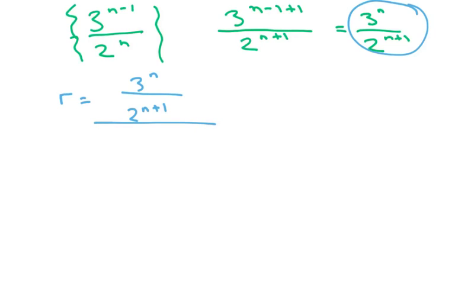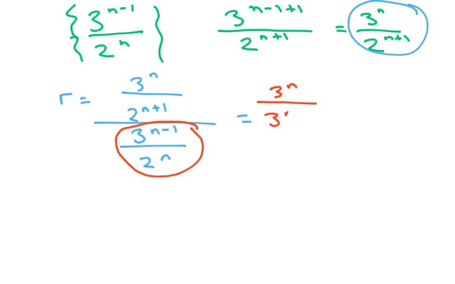divided by, now this is going to equal 3 to the n. Basically what I'm going to do is write this as 3 to the n over 3 to the n minus 1, and I'm going to multiply it.